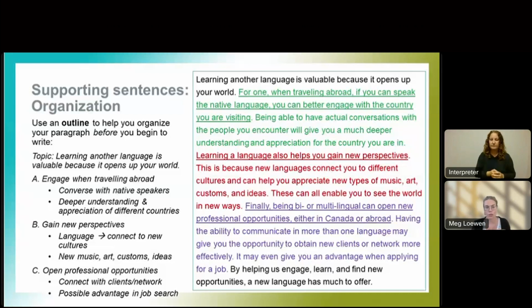Supporting point B, gain new perspectives, and I fill in the development of that idea below. And C, open professional opportunities, I fill in those details in bullet points below that one. And I can see that both my supporting points and my overall paragraph are front-loaded. The main idea comes first and the development follows. So by using this reverse outline, I can ensure that I have written a good paragraph that's organized and easy to follow.